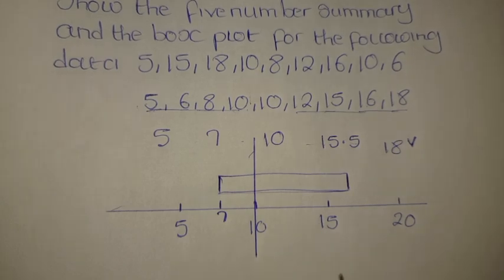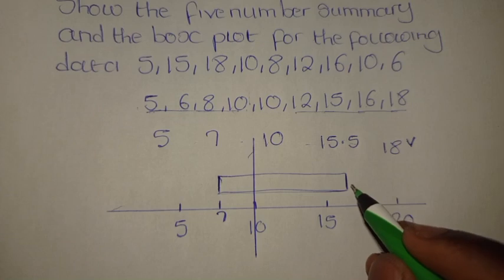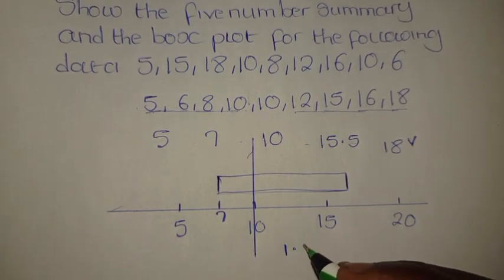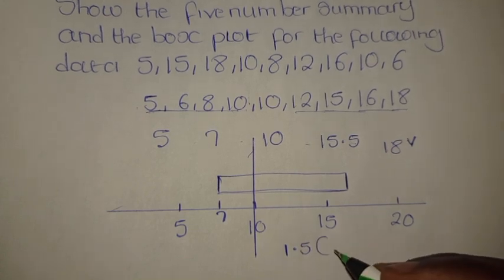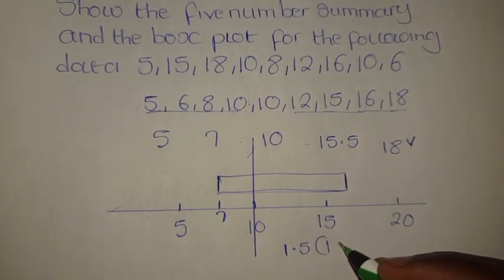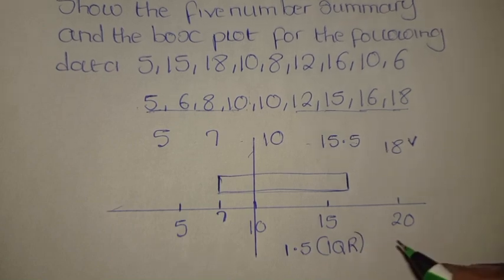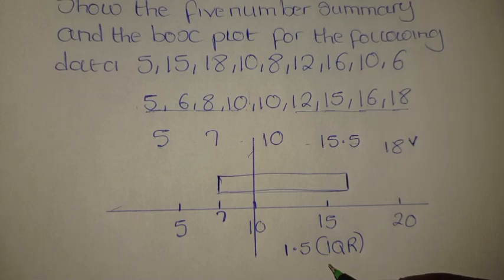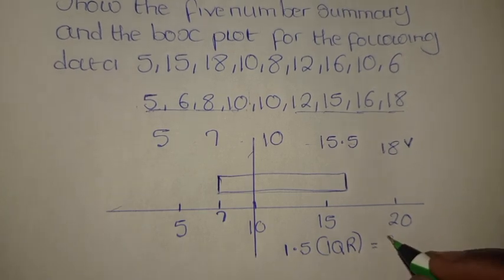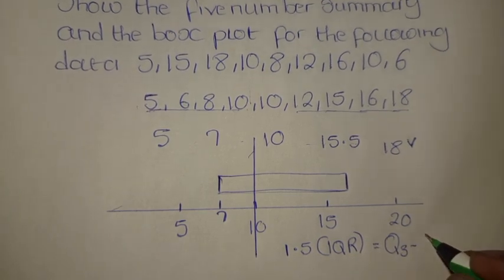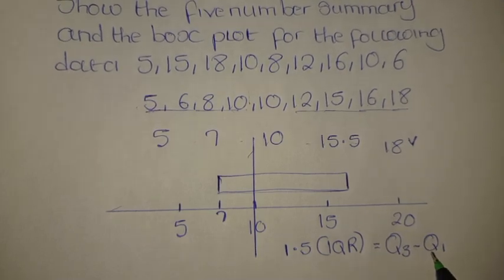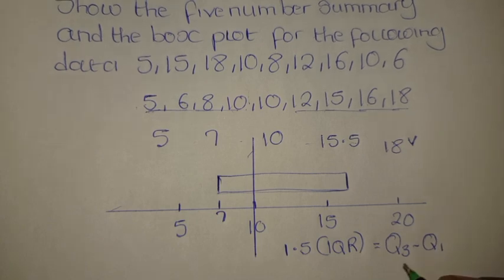Having drawn a line on 10, we now need to draw the whiskers. We should understand that the whiskers are always 1.5 times the length of the interquartile range. To find the interquartile range, you have the third quartile and the first quartile, and you subtract the first quartile from the third quartile.